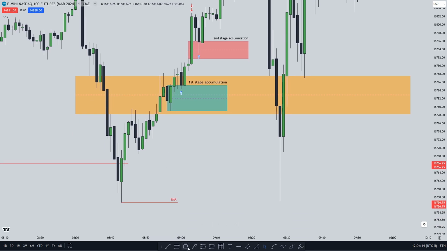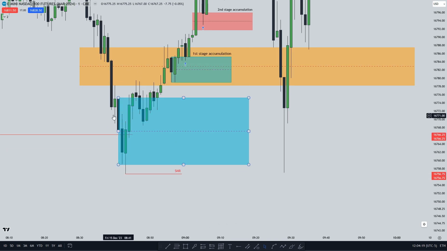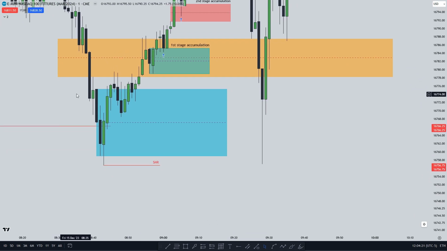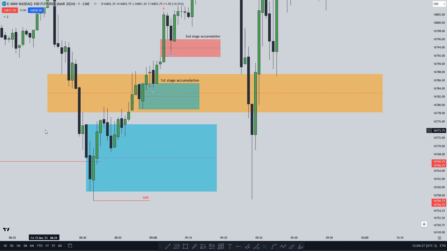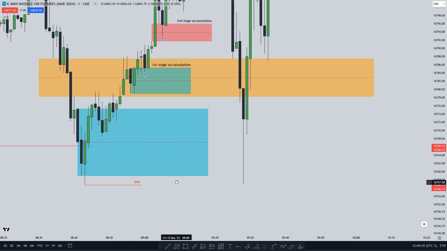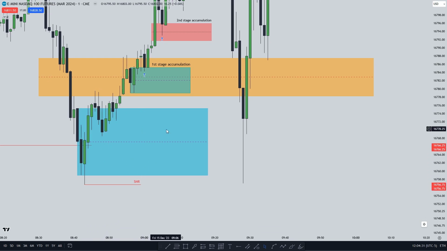Then price makes a propulsion block, because price doesn't come down to this change in state of delivery or order block, consequent encroachment, creating a propulsion block. So this would be the low risk buy.